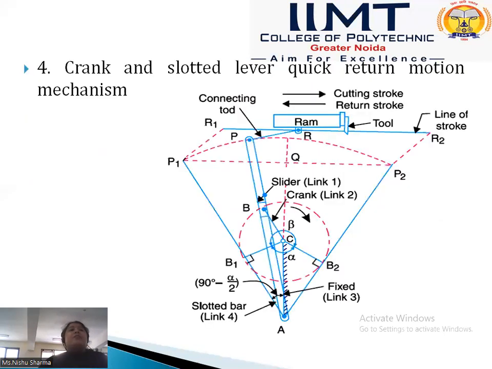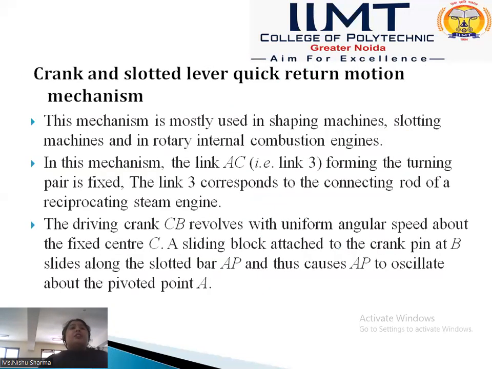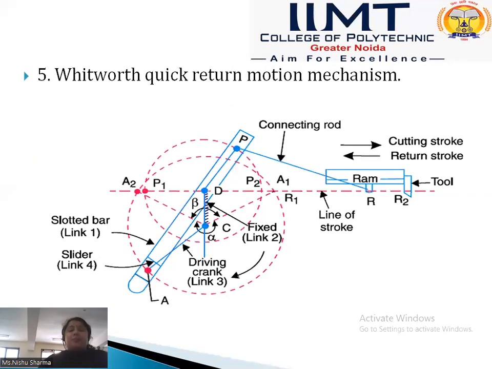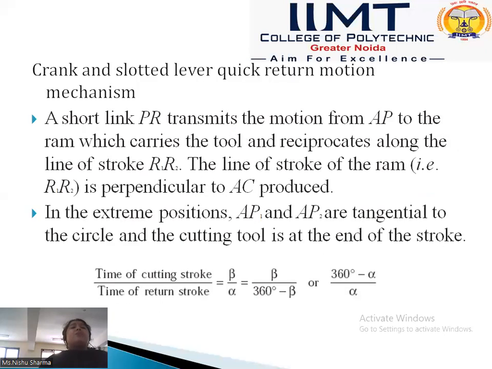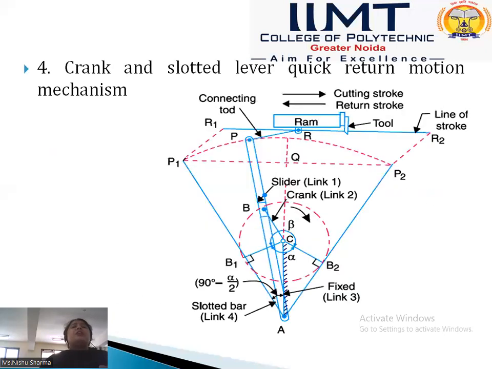Now we discuss the fourth inversion, which is very important and is seen in shaper machines. It gives the crank and slotted lever quick return motion mechanism and the Whitworth quick return motion mechanism. They are almost the same, but the difference is the name of the fixed link.